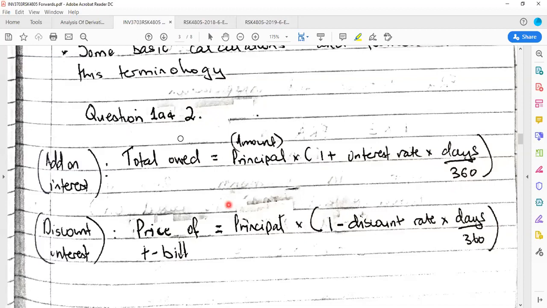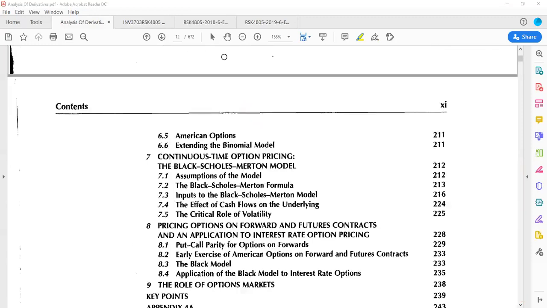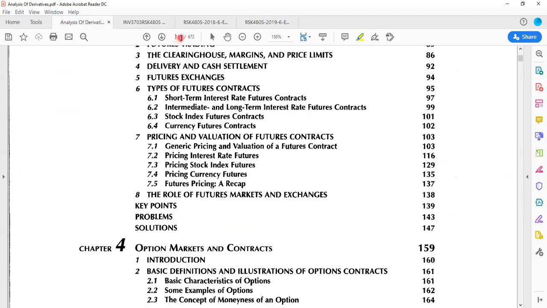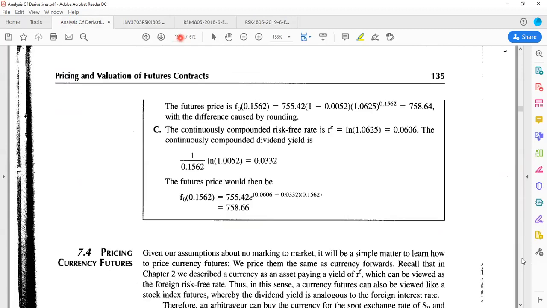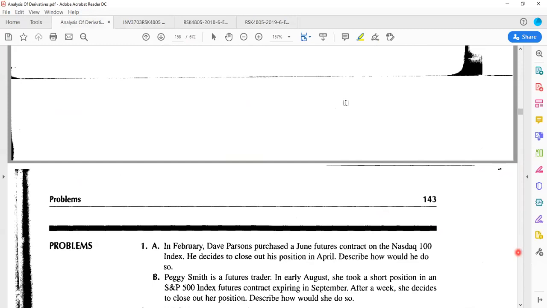So let's look at question 1A and question 2 in the prescribed textbook, the section on forwards. Let me see what page number it is. I think the problems are found on page 143. Yeah, the question is on page 143. So I'll just scroll to page 143 and then we'll look at this example.